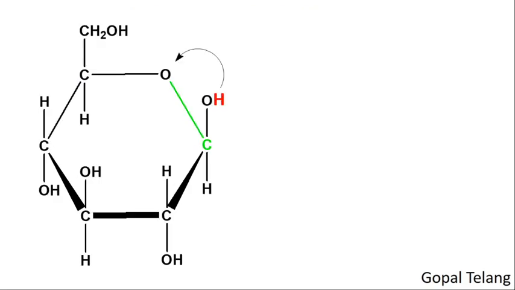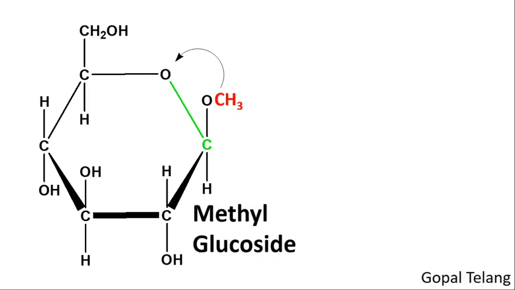Next one, again remember, this is important, that the hydrogen must be there to be a reducing sugar. If this is replaced by this alkyl group, then this is called methyl glucoside. This will not react with the Tollens reagent, as there is no hydrogen to transfer back. There will be no cleavage of that green colored bond, and therefore this will not react.